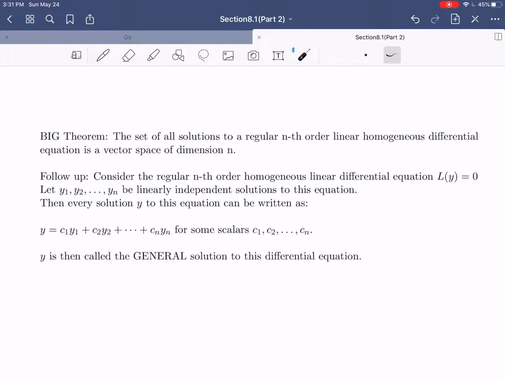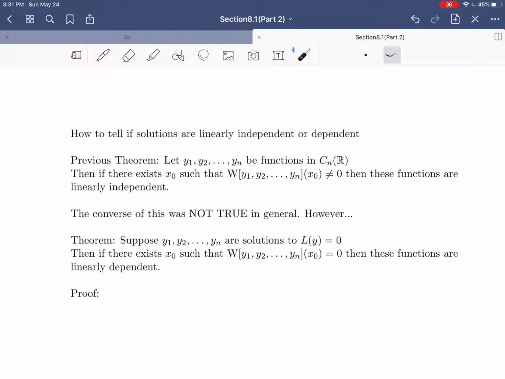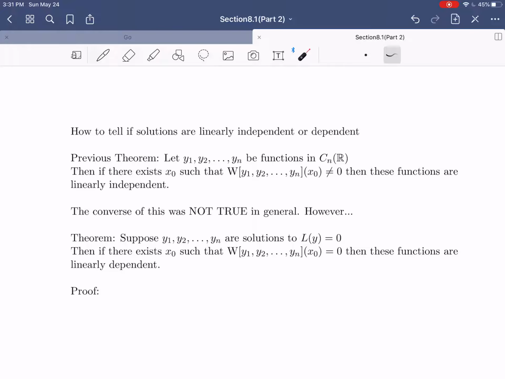As you might suspect, because these are all functions, understanding their linear independence is going to relate to the Wronskian. So we're going to prove an important theorem with this: how to tell if solutions are linearly independent or dependent. Let's first go back to a previous theorem that we introduced, which involved the Wronskian, when we first defined it.